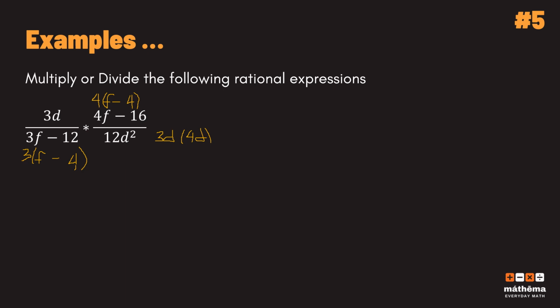Now, if we look at our rational expressions, we can now cancel out 4, f minus 4. Cancel this one out. We can also cancel out our 3d and our 3d.